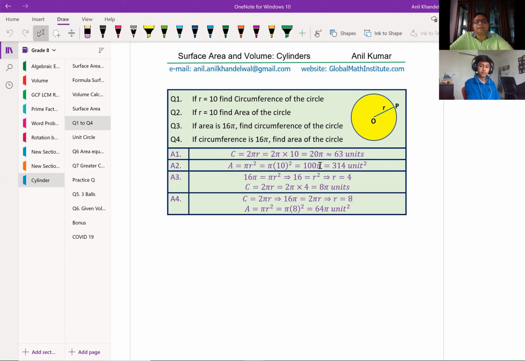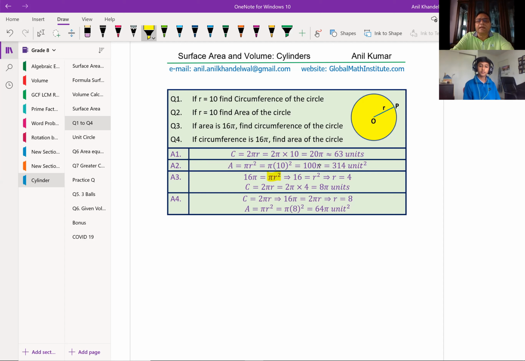Next question is slightly tricky. If area is 16 pi, find circumference of the circle. How will you do it? I'm not sure how to do this. Okay. So this is kind of important. We have to do reverse calculation. We know that area is pi r square, correct?